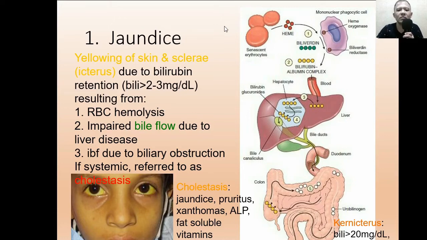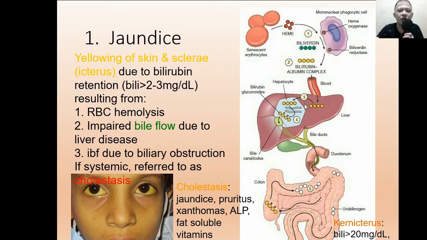In ClinPath we will discuss bilirubin metabolism, but basically this figure just shows us that bilirubin comes from red blood cells and becomes conjugated in the liver.